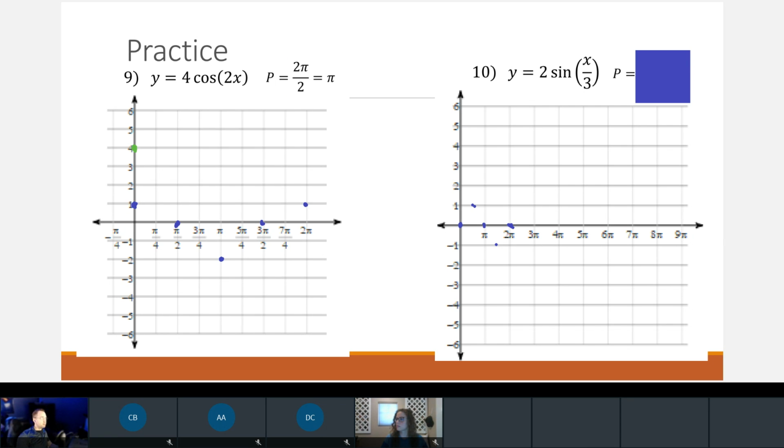So I should have that same point here. So it takes only pi to start repeating. So halfway between those points is going to be the minimum, the negative of amplitude 4. So I plot that point down here. Does that make sense of how I figured out that point?